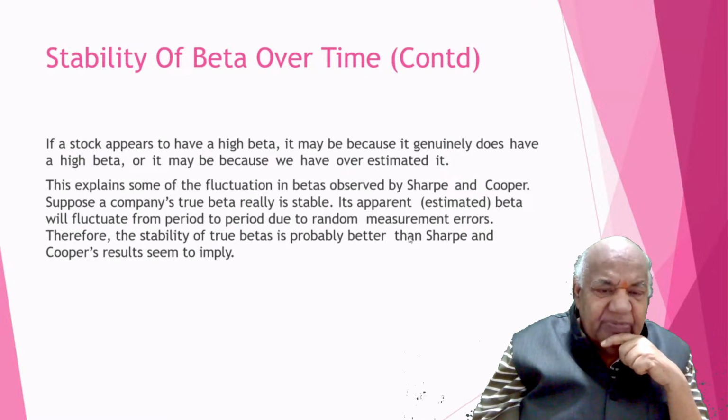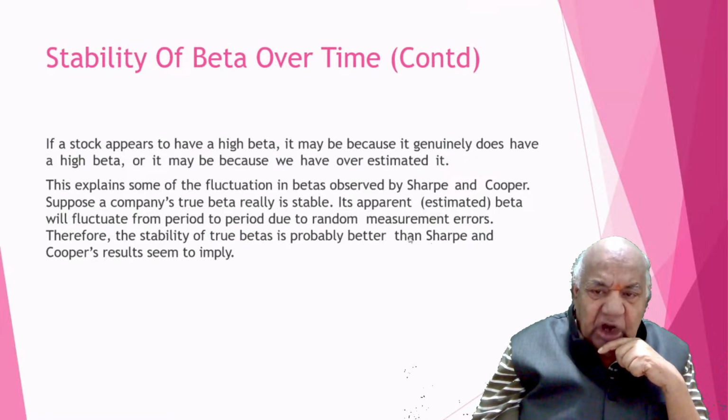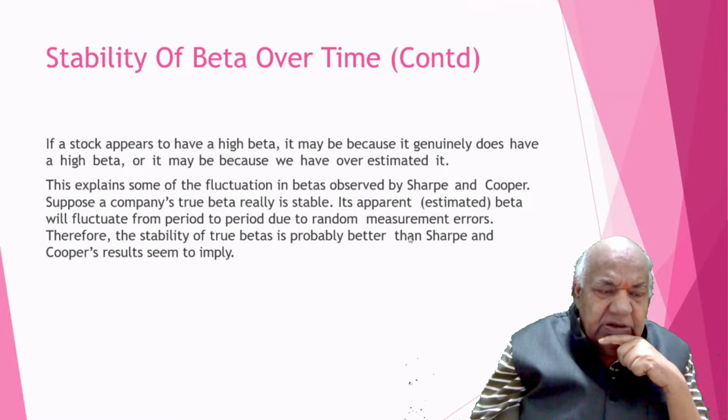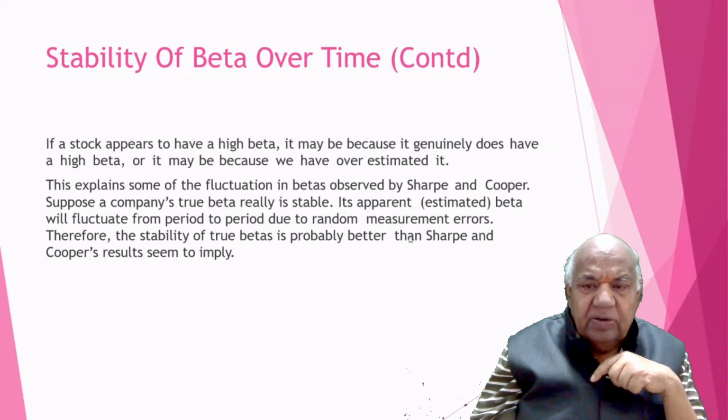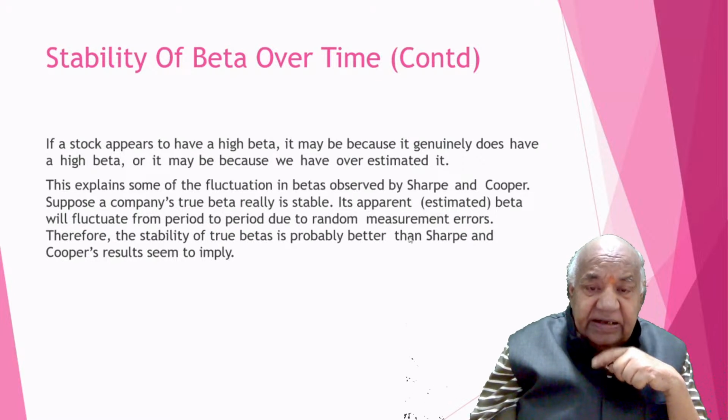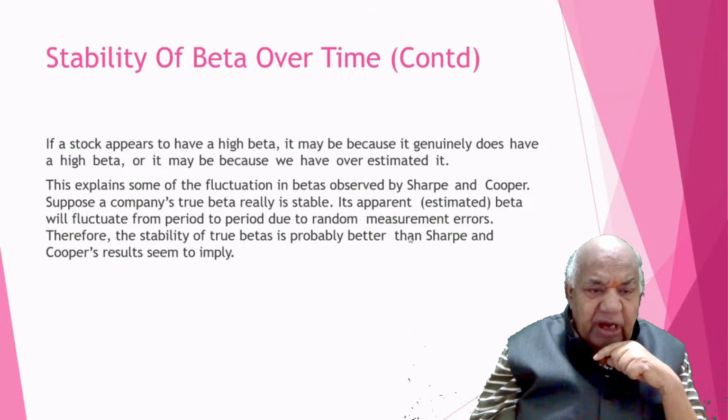This explains some of the fluctuation in betas observed by Sharpe and Cooper. Suppose a company's true beta really is stable; its apparent or estimated beta will fluctuate from period to period due to random measurement errors.